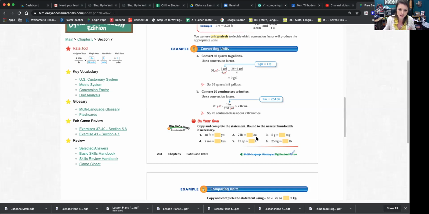And I can use that. The key thing is that you want to make sure that your pounds are across from each other and that you have a conversion factor, meaning you have a 1, that magic 1 in there. So let me go to my whiteboard and show you.